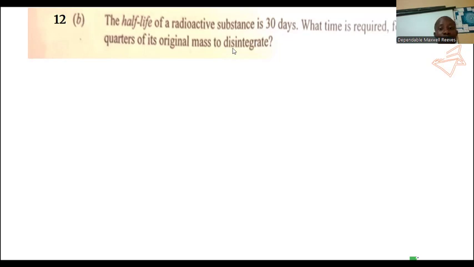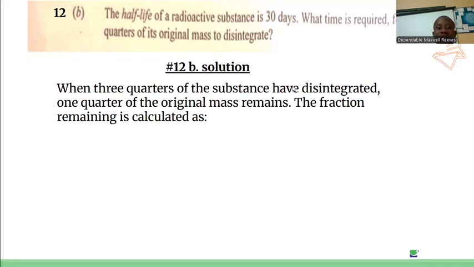The first thing you know is that if 3/4 of the original mass has disintegrated, it means that 1/4 of the mass will remain. So let's see how we get this. All right, solution. When 3/4 of the substance has disintegrated, 1/4 of the original mass remains, which means we will be subtracting 3/4 from 1 to know the remaining mass.